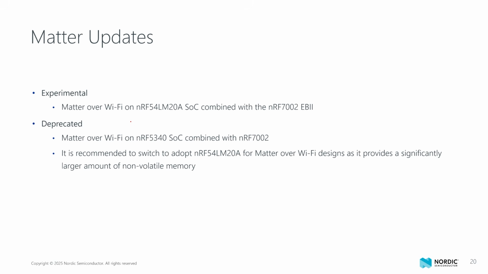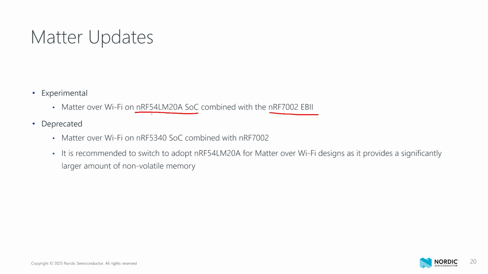A few additional updates. Not surprisingly, as we mentioned, Wi-Fi is now experimental on the nRF54 LM20 SoC. Matter over Wi-Fi is also experimental on the nRF54 LM20 SoC, combined with the newly launched nRF7002 expansion board 2, which fits into the nRF54 LM20 DK.